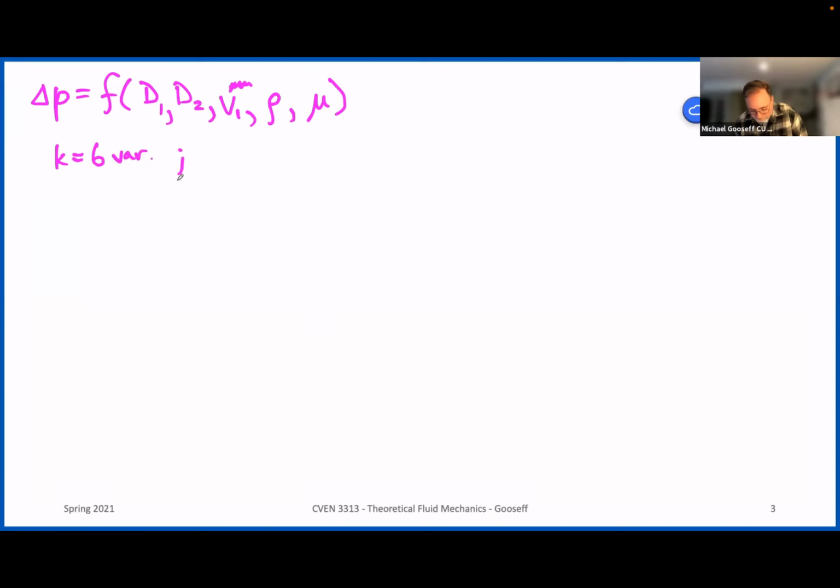And for each of them, let's take a look here. D1 and D2, of course, are going to be in dimensions of length. Our velocity V1 is in dimensions of length per time. And then density. Why don't we work in force?